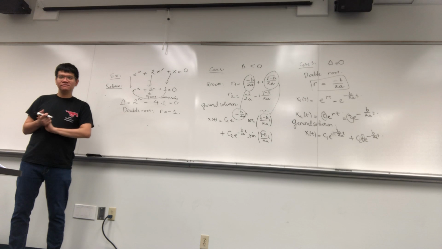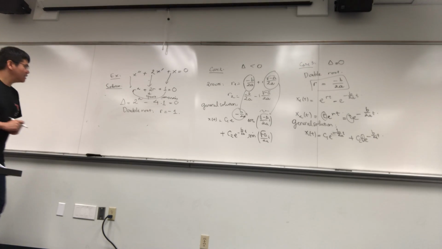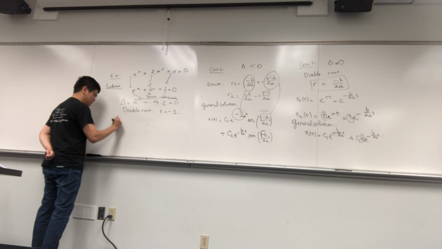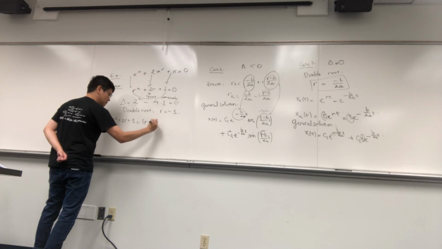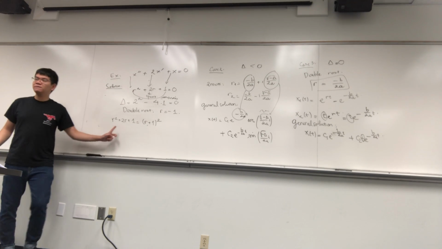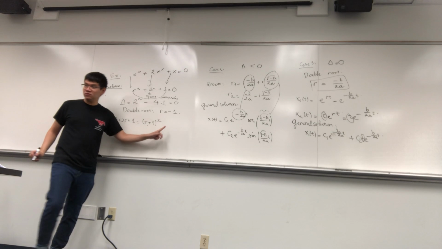Why? If we factor, r squared plus 2r plus 1 is r plus 1 squared, and this is equal to 0.